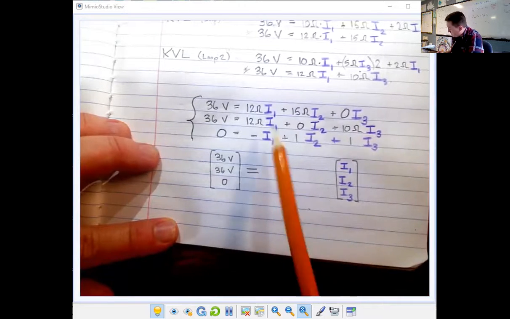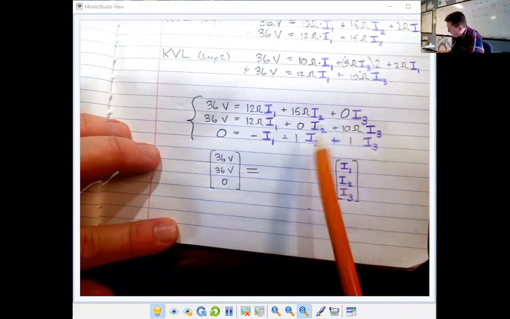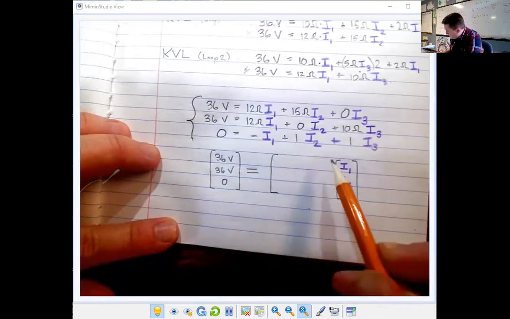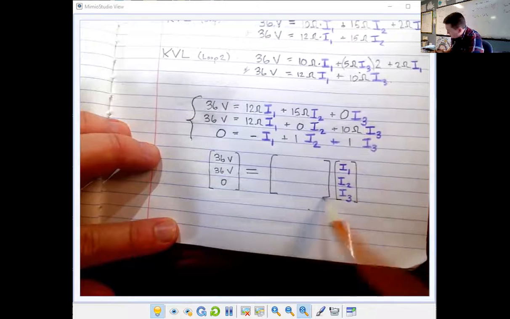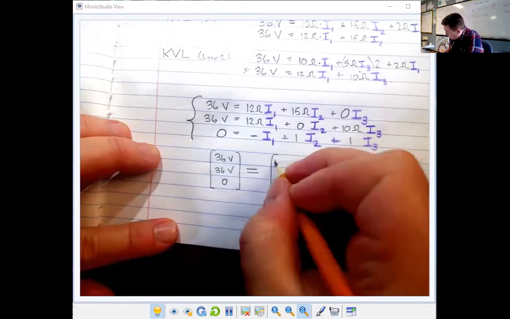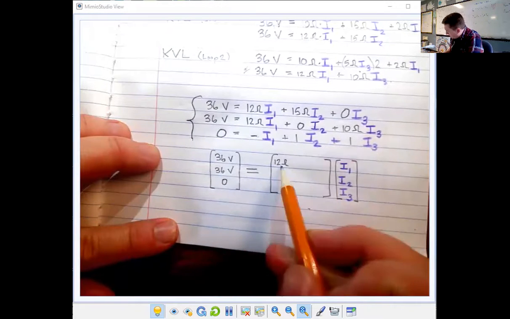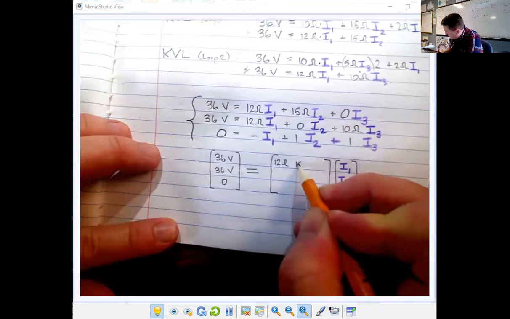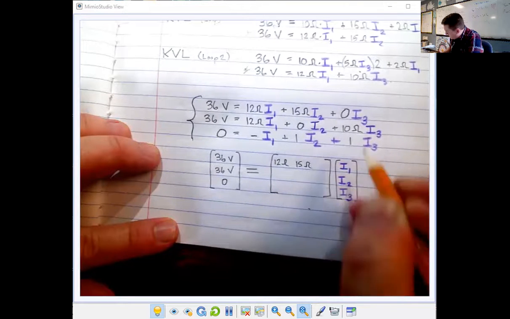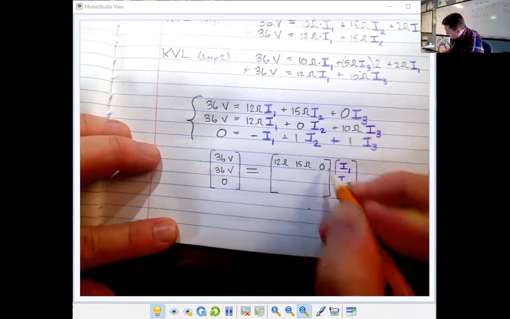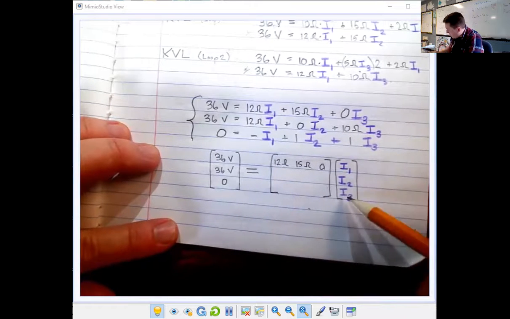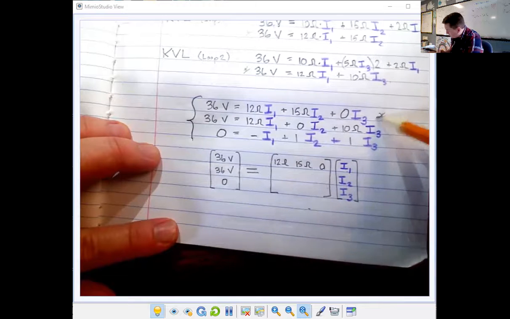As you can see here, I have 9 coefficients being multiplied by these unknowns. I have 12 ohms multiplied by I1, 15 ohms multiplied by I2, and 0 multiplied by I3. So this row represents my first equation.